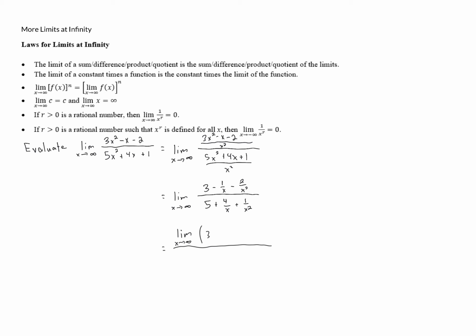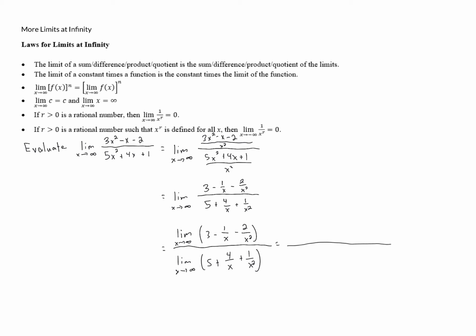So we've got the limit of 3 minus 1 over x minus 2 over x squared over the limit of 5 plus 4 over x plus 1 over x squared, both as x approaches infinity. And then we know that the limit of sums and differences is the sums and differences of the limits, so we can evaluate the limits of each of these separately.